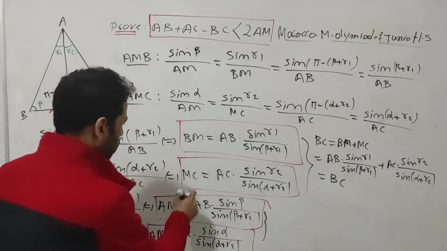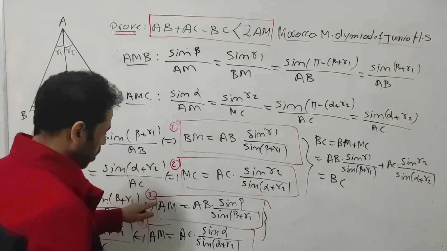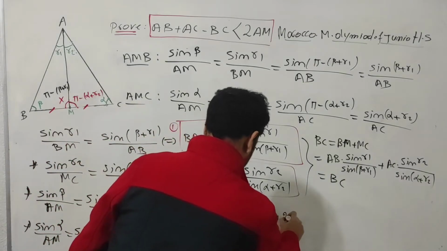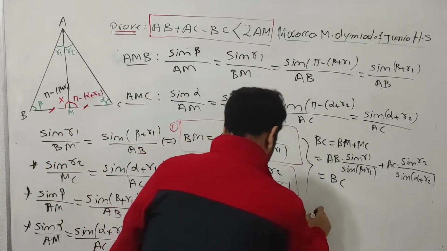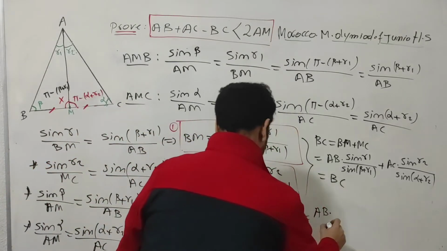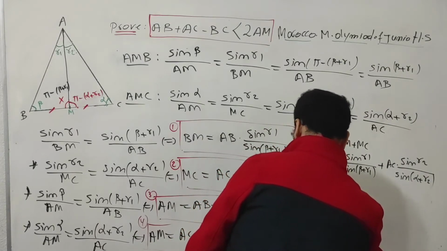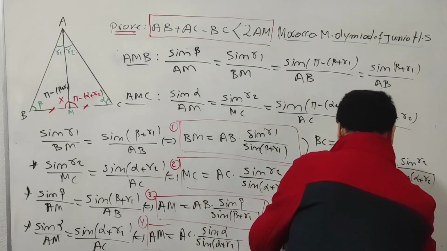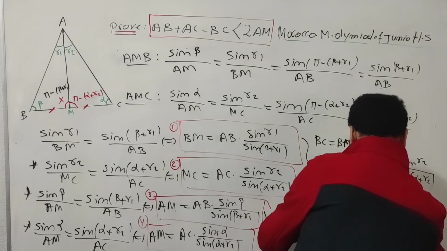Now I'm going to add the third equation and the fourth equation, which gives us 2 times AM equal to the distance AB multiplied by sine beta over sine beta plus gamma 1, plus the distance AC multiplied by sine alpha over sine alpha plus gamma 2.